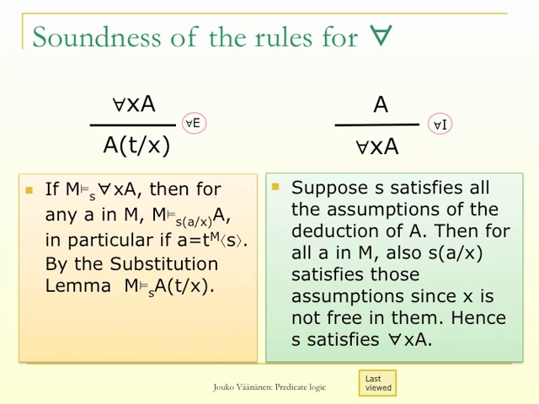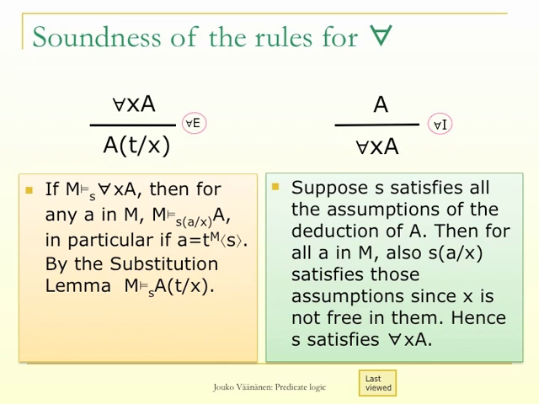For example, there may be outside this application of the universal quantifier introduction rule a grand scheme to use implication introduction rule, and as you hopefully remember, the implication introduction rule puts the hypothesis of the implication as a temporary assumption and tries to prove the conclusion. Such temporary assumptions may occur in this deduction.